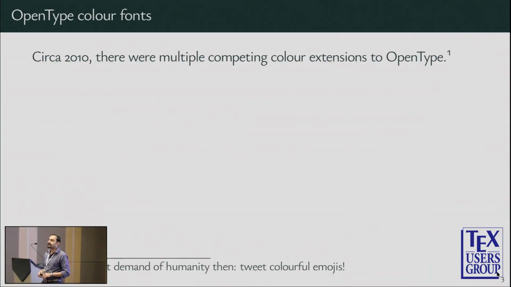So around 2010, there were multiple competing color specifications added to OpenType. OpenType is a standard maintained nowadays by Microsoft, but it's actually a joint project by Adobe, Microsoft, and possibly Google nowadays. And it's an extensible format.